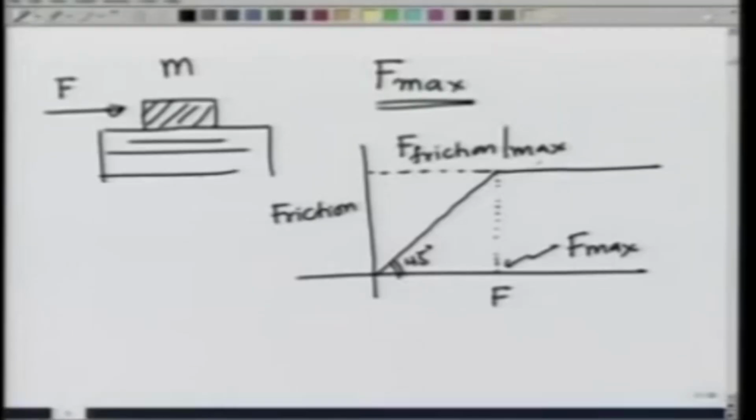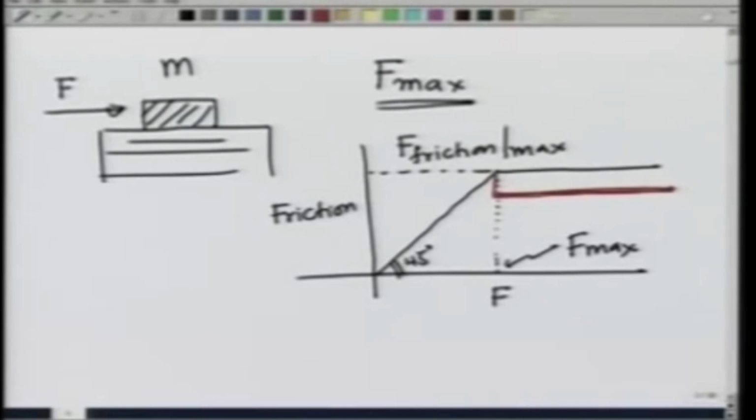In practice, the line does not go like this, but when the body starts moving, the frictional force reduces a bit. So, actually frictional force looks something like this. When it starts moving, when you go beyond F max, frictional force goes below the maximum value of friction.